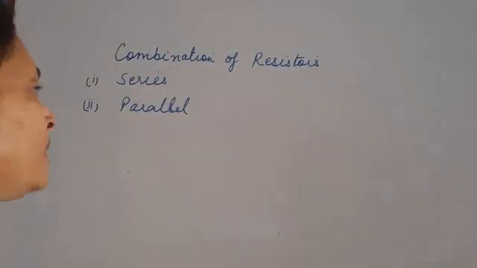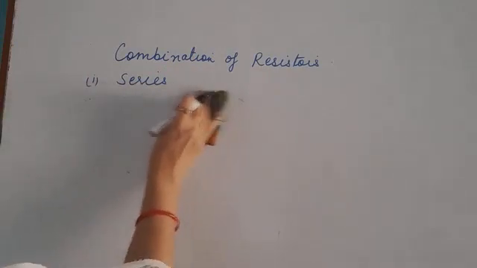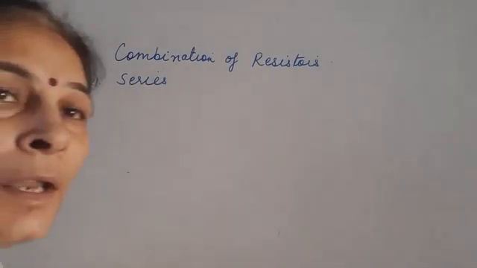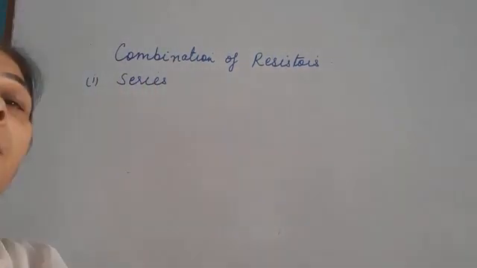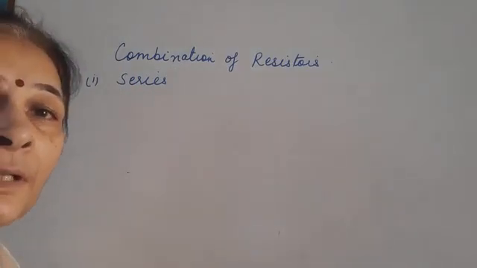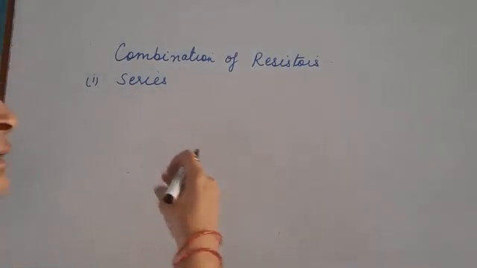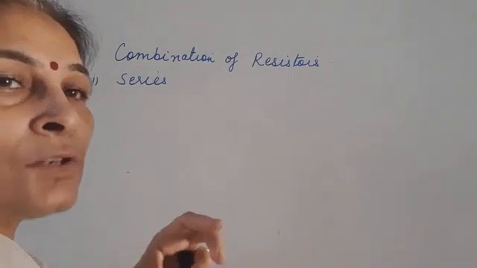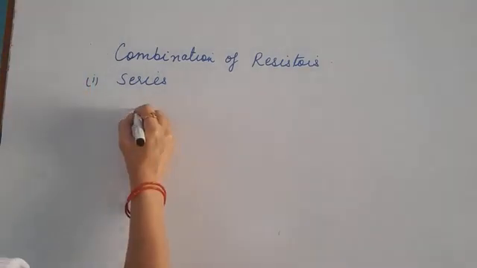Now as the name suggests, you can just think about a series, that is, one end of one resistor is connected to the other end of the second resistor, and they form a chain-like structure like this.